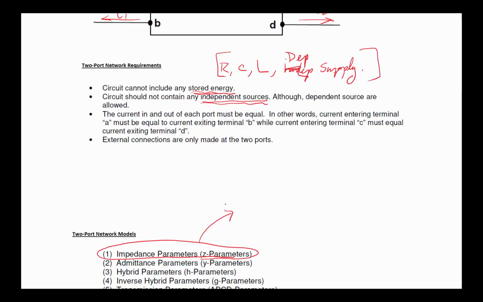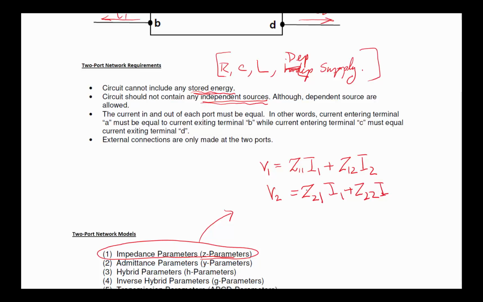I'll write the equations first. It basically says that V1 is equal to some parameter 1 times I1 plus some parameter 2 times I2, and V2 is equal to Z21 I1 plus Z22 I2.